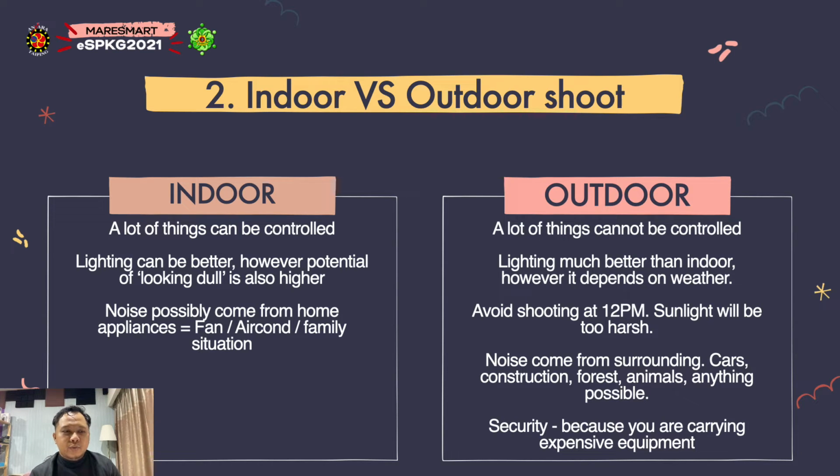For indoor, we usually have other noises that can disrupt your video, such as fans, cats, or, as you may have heard before in this video, my phone buzzing. Those are the possible noises that can come into your video.